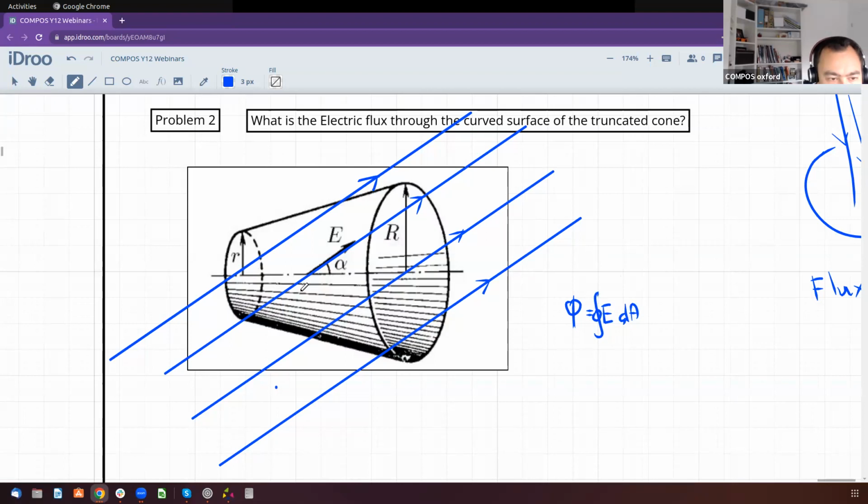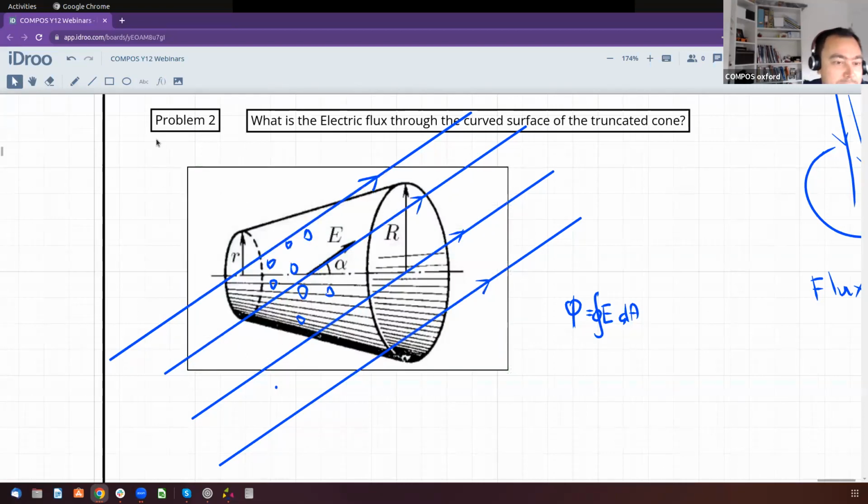So you take every little surface here, you add it all up, and that seems like an impossible task. It's not impossible, but it's really hard.